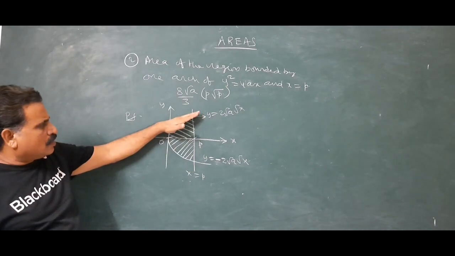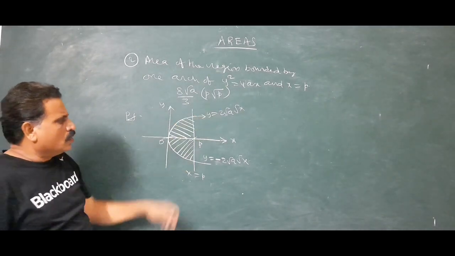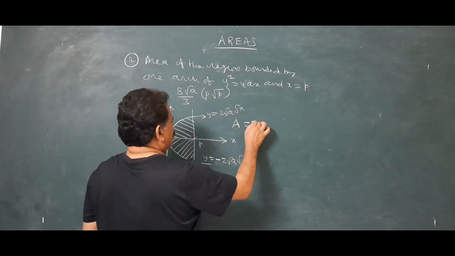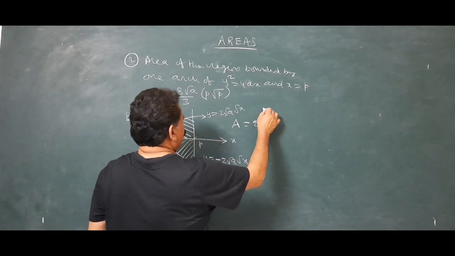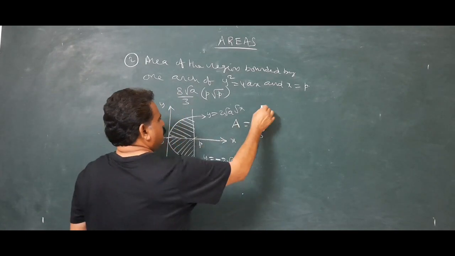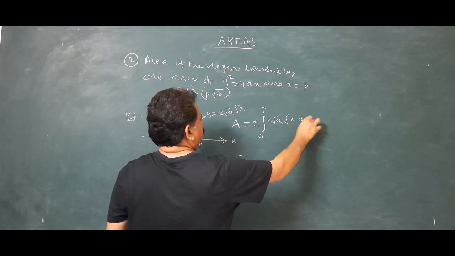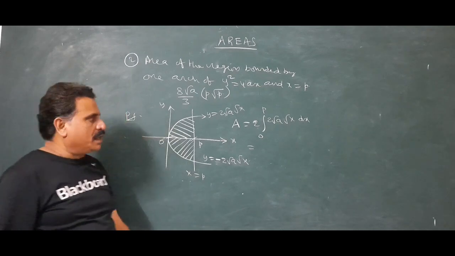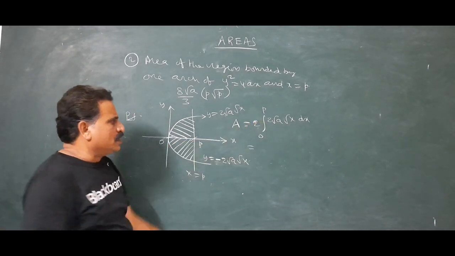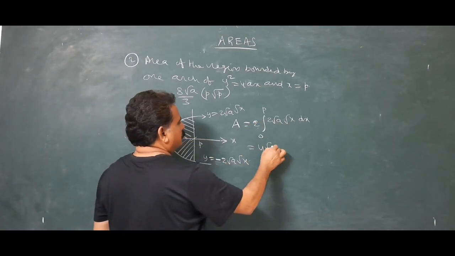If you take this curve 2 root a root x, the area is clearly nothing but 2 times integral 0 to p of 2 root a root x dx. That equals 2 times, here 2 into 2 root a, that is 4 root a.